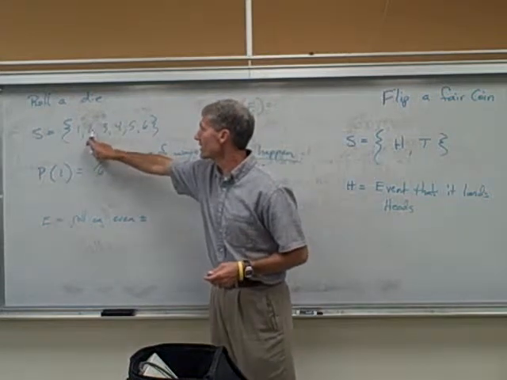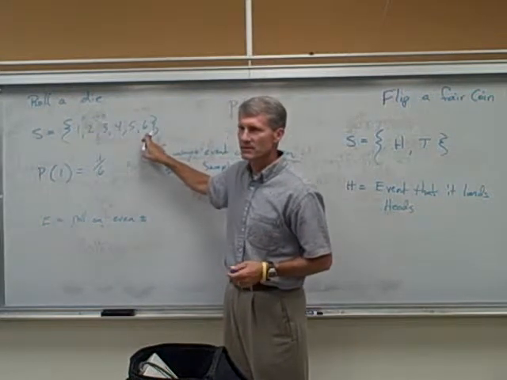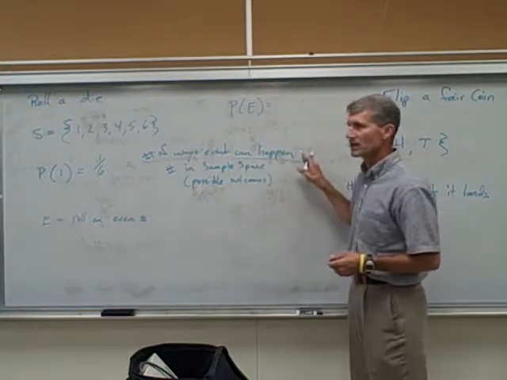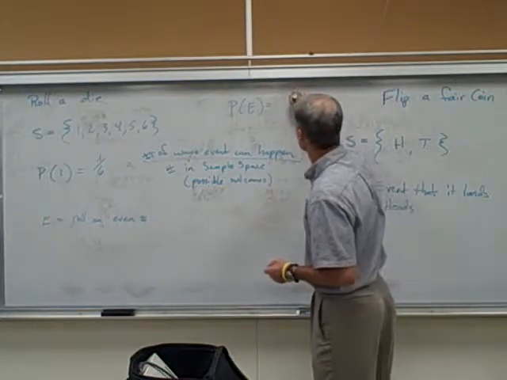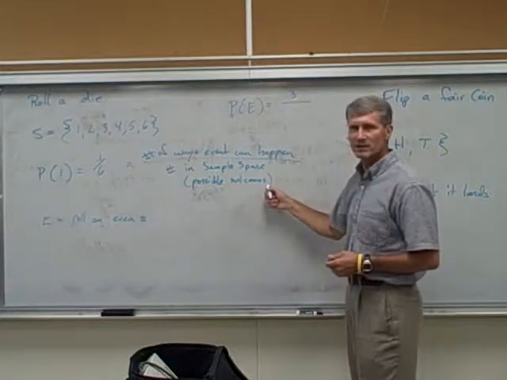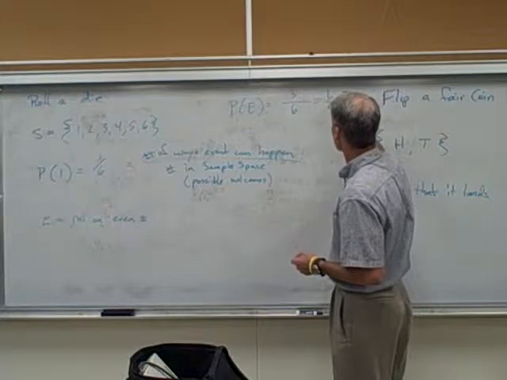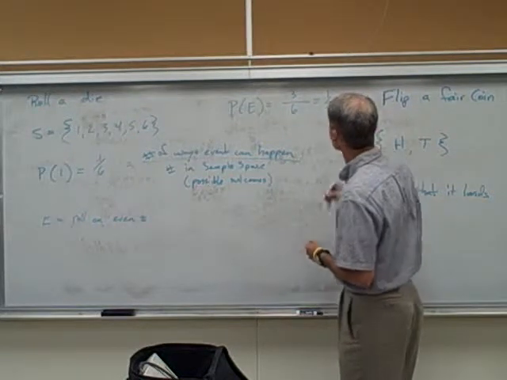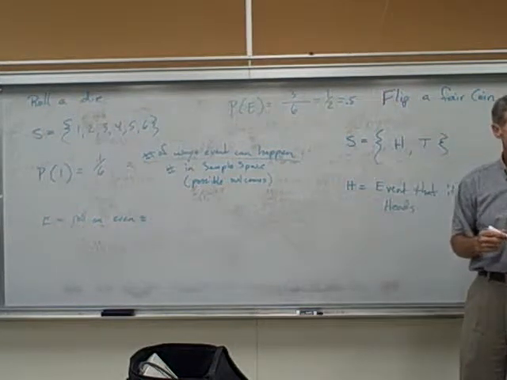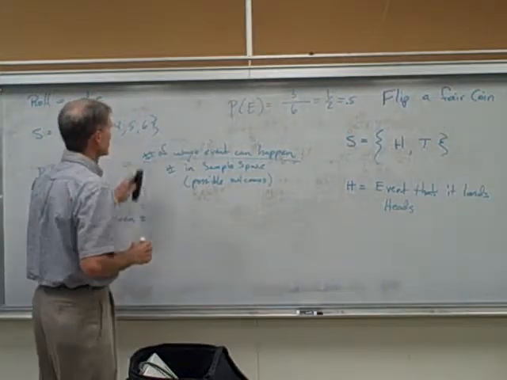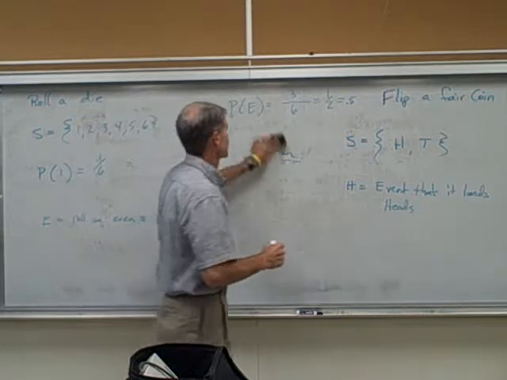Because there's 3 things in the sample space that make this event come true. So the number of ways the event can happen is 3, divided by the total number of possible outcomes, which is 6, which you can then reduce to 1/2 or 0.5. Okay? So far, so good.